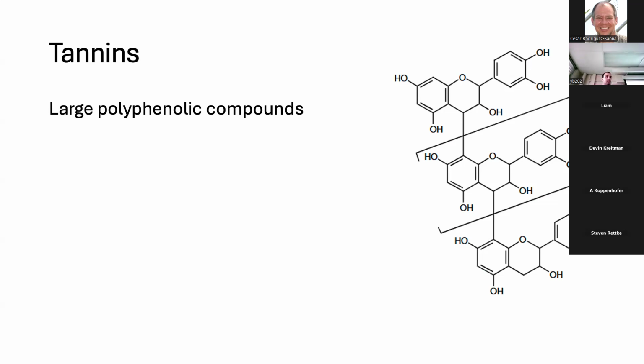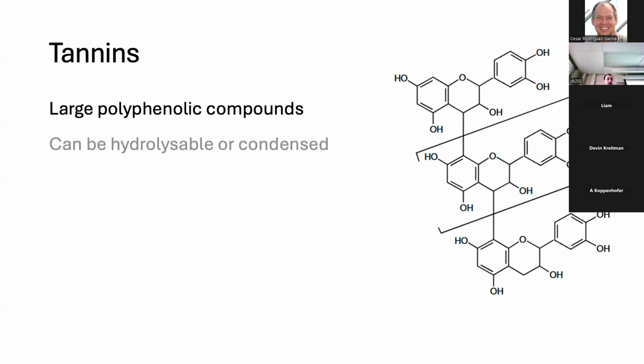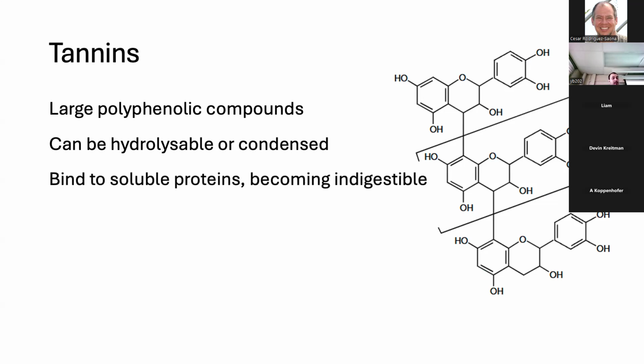They don't have to be, but many of them are. They could be hydrolyzable or condensed. This is an example of a condensed one. A hydrolyzable one can be hydrolyzed, which means broken apart using water, usually hotter water. These are very common in many plants, and they bind to proteins and become indigestible.